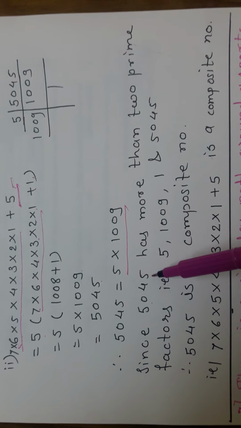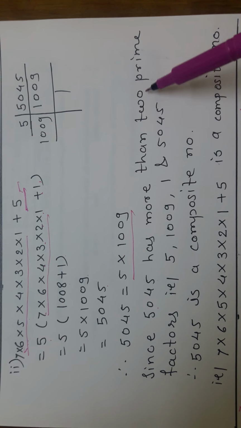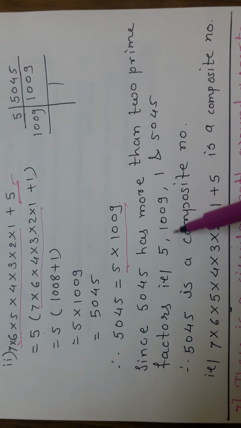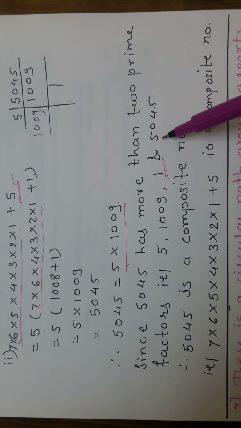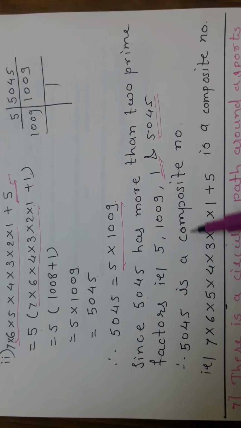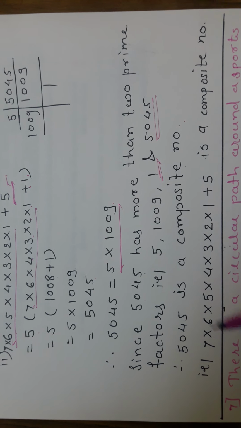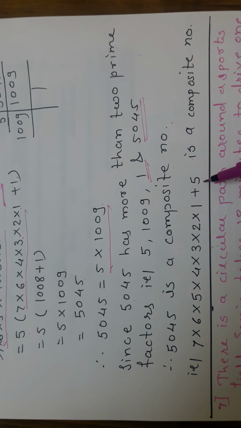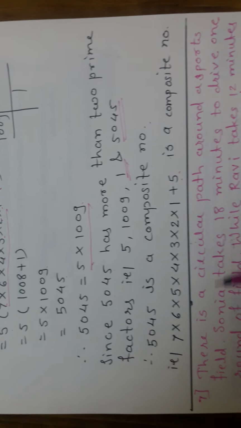Since 5045 has more than 2 factors, 5, 1009, 1 and the number itself, 5045 is a composite number, meaning 7 into 6 into 5 into 4 into 3 into 2 into 1 plus 5 is a composite number.